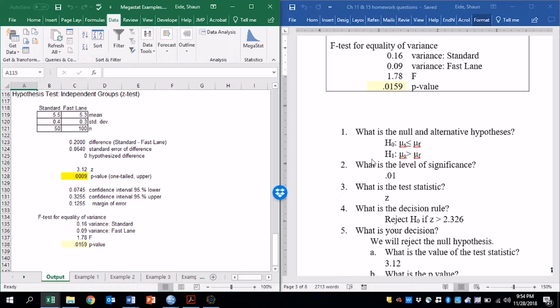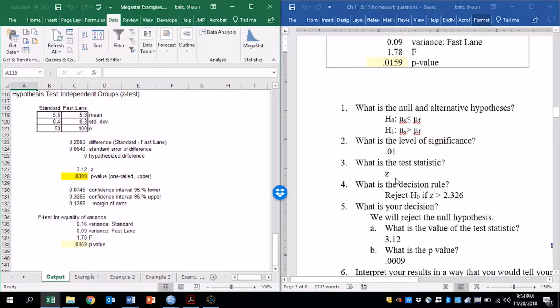With 0.1, you've got a 10% chance of doing that. With 0.05, you've got a 5% chance of rejecting the null hypothesis when the null hypothesis is actually true. But here it's a 1% chance.